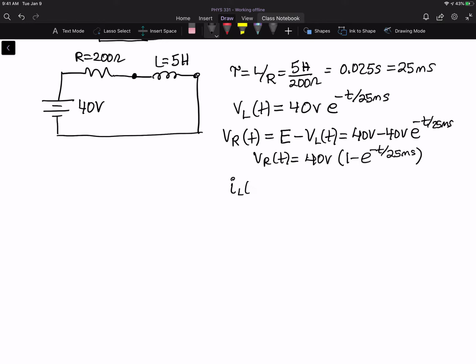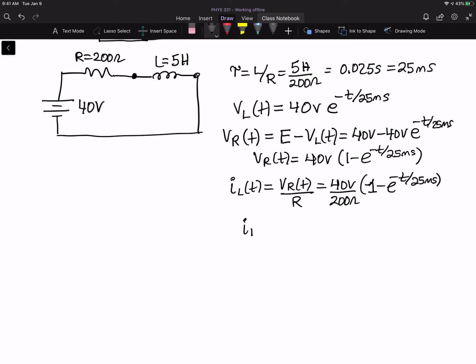And then the current through the inductor we can write down as the voltage across the resistor divided by the resistance. So this is 40 volts over 200 ohms, times 1 minus e to the minus t over the time constant.